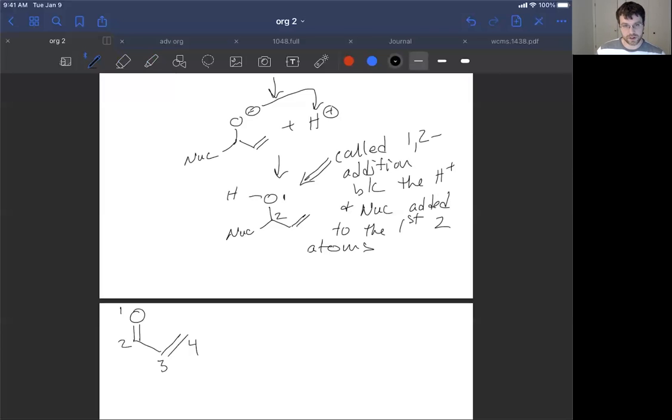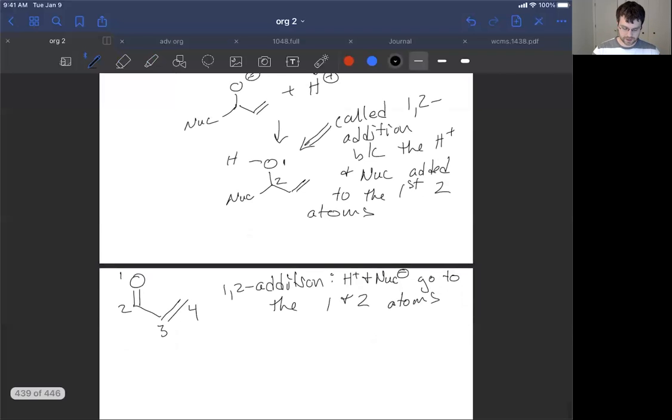So adding the nucleophile to the 2 position and the H at the 1 position is called 1,2 addition. In 1,2 addition, the H plus and nucleophile minus go to the 1 and 2 atoms, respectively.